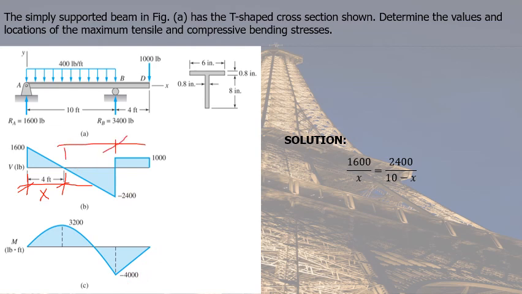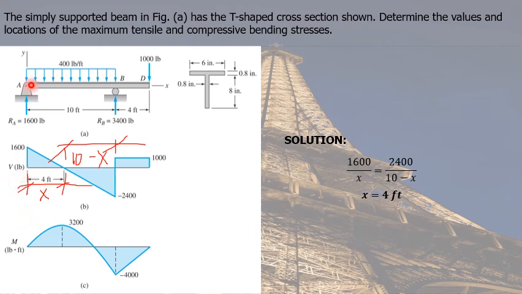So this distance is 10 minus x. Calculating for the value of x, we find out that x is equal to 4 feet.